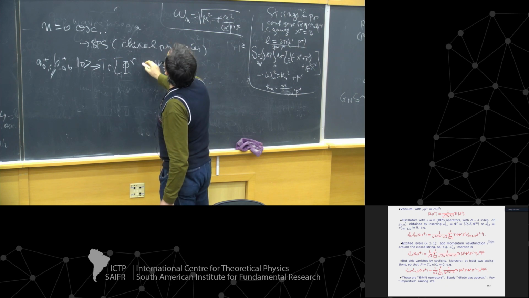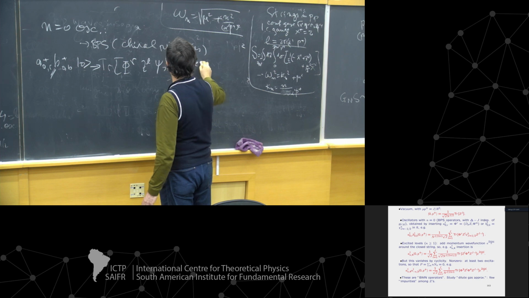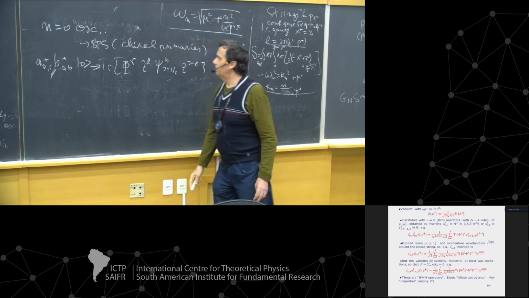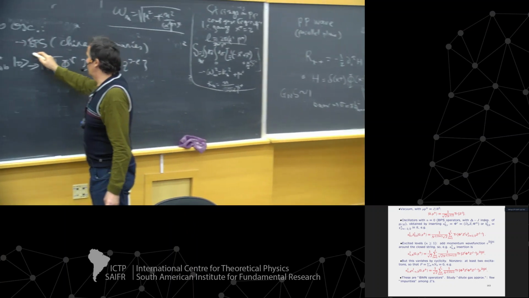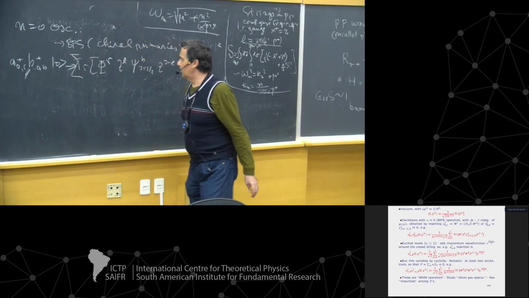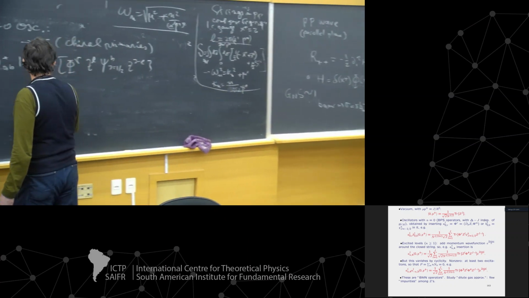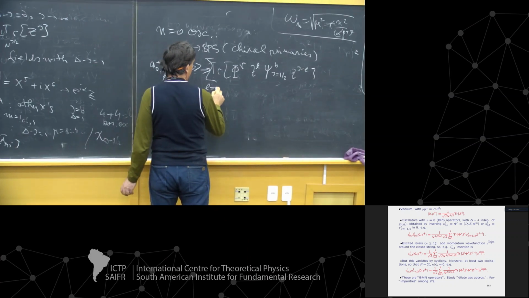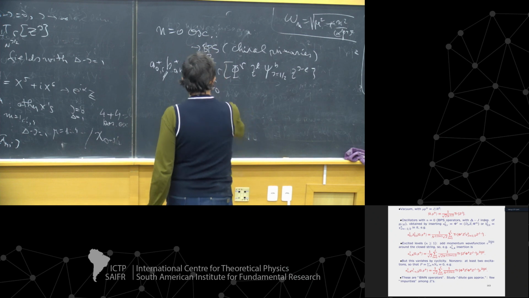And then Z to the L and Z to the J minus L, because I can insert this at an arbitrary position along the trace. And then, of course, I have to sum over all possibilities.